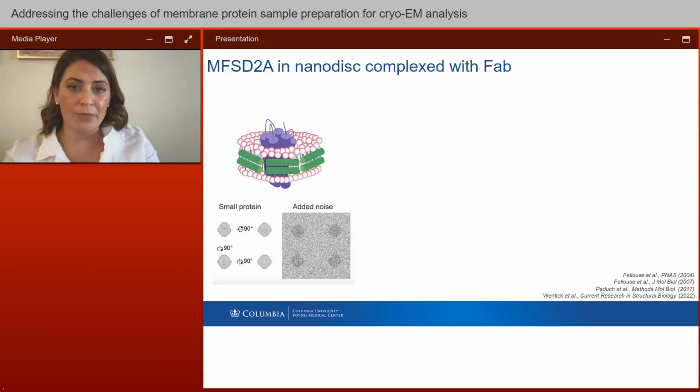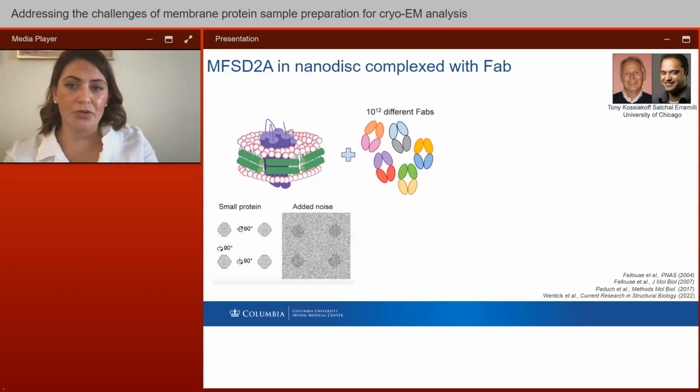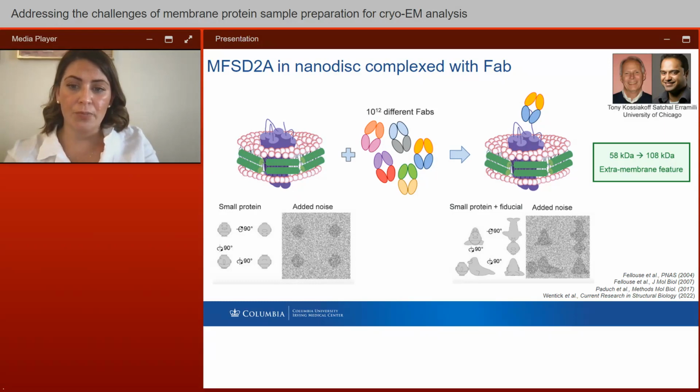It was at this stage of the project that we started to collaborate with the lab of Tony Kossiakoff and his postdoc Satchel at the University of Chicago. Tony's lab has developed a library of synthetic Fabs, and using phage display, you can screen your protein against this library to pull out ones that bind specifically to your protein of interest.